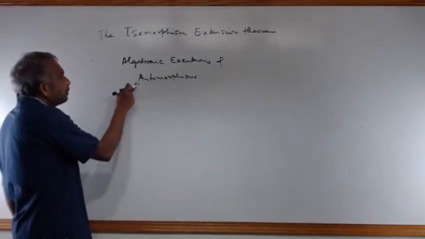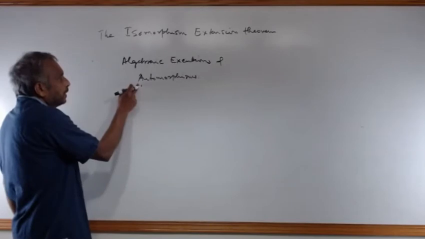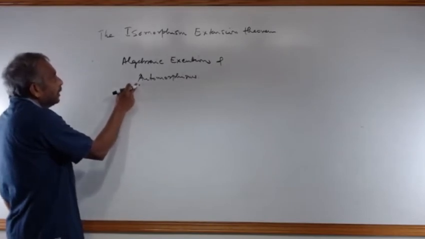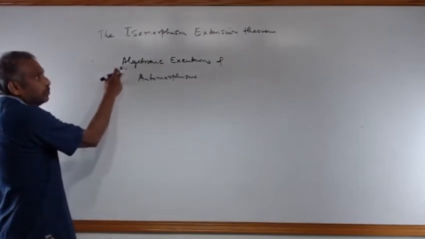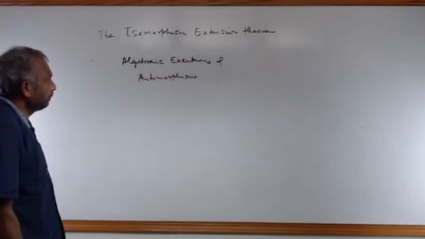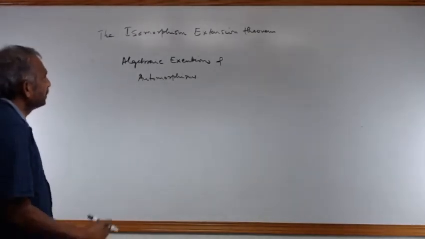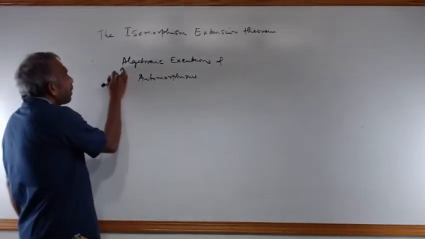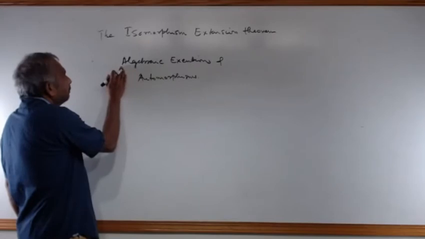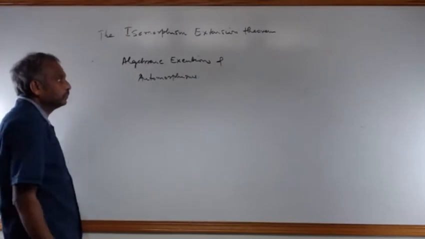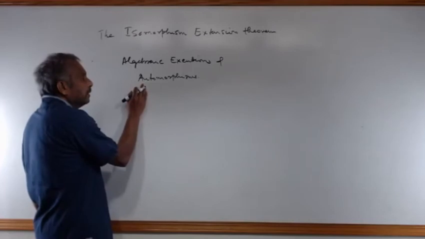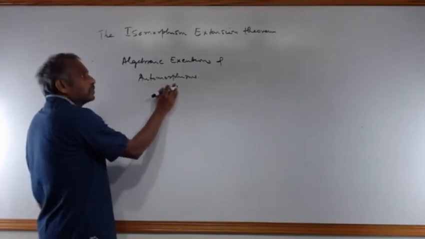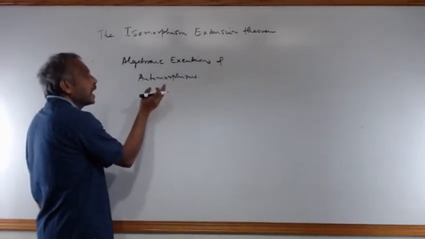This automorphism has a big role in studying the structure of algebraic extensions. So, to properly study the structure of algebraic extension, we need to develop automorphisms from existing isomorphisms.